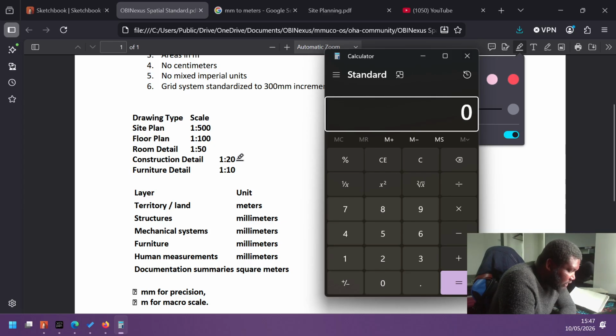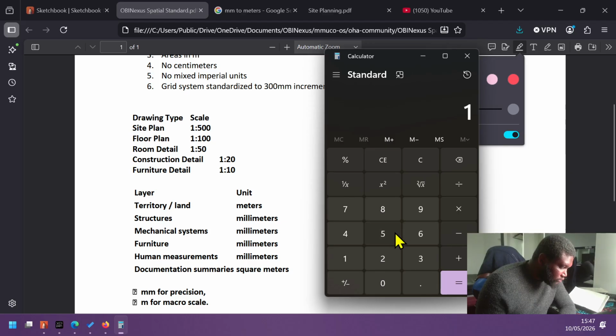So I have to do the original floor plan, 100 divided by 5.